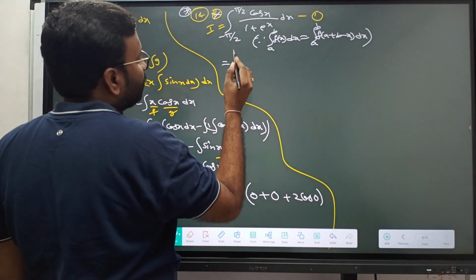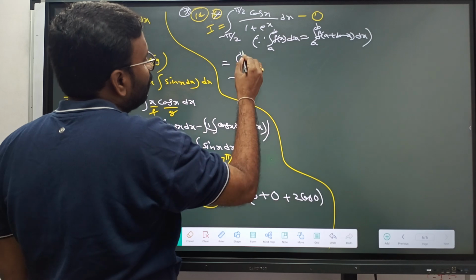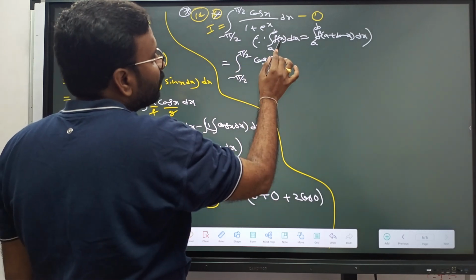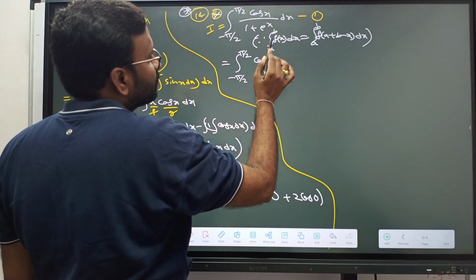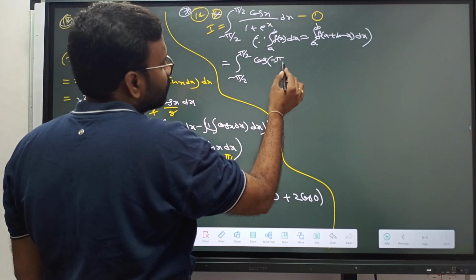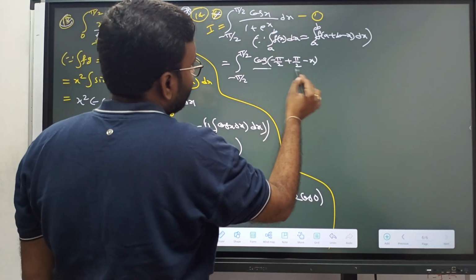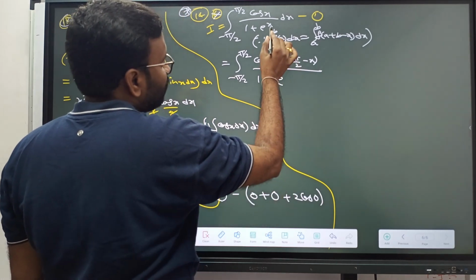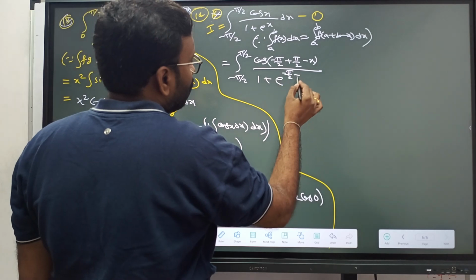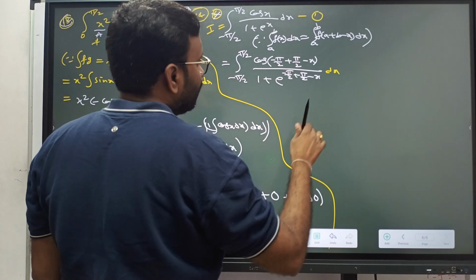If you apply that property, integral from minus pi by 2 to pi by 2 of cos of a plus b minus x, that is lower limit plus upper limit minus x, minus pi by 2 plus pi by 2 minus x, by denominator 1 plus e power, in place of x the same, minus pi by 2 plus pi by 2 minus x, dx.